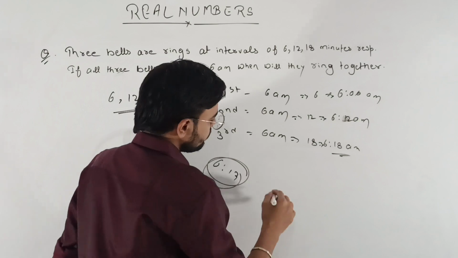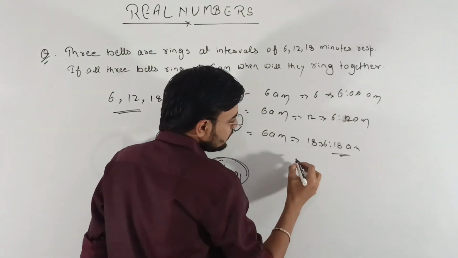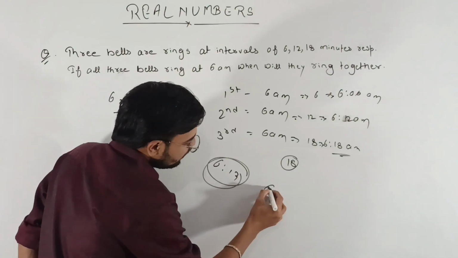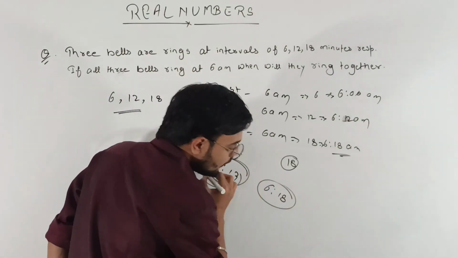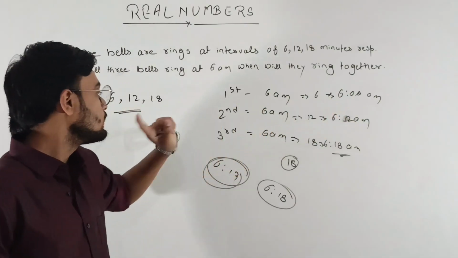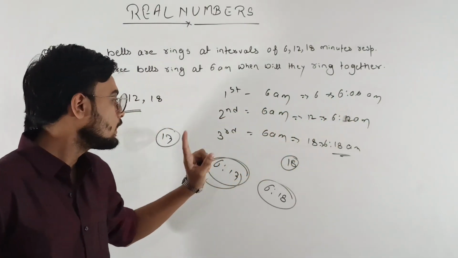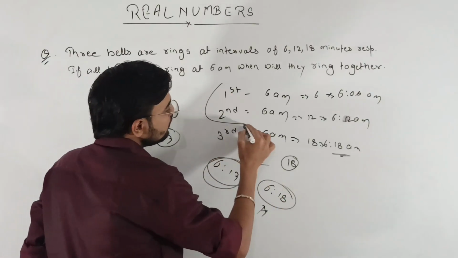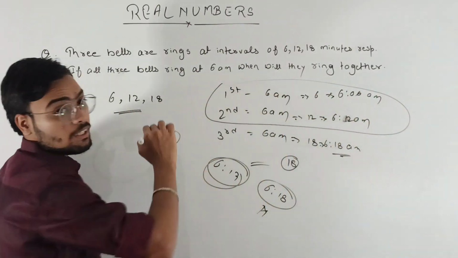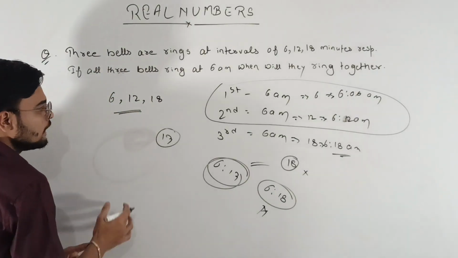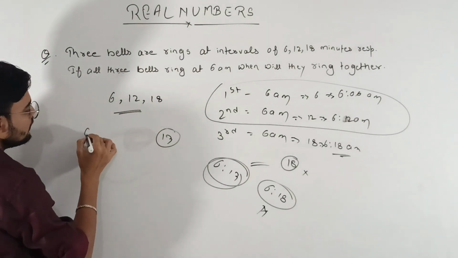Now let's suppose our answer is 18 minutes. Look, at 6:18 the first bell rings, the second bell rings at 6:12, and the third rings at 6:18. At 6:18 the third bell rings, but the other two bells don't ring. That's why this cannot be possible, which means our answer is greater than 6, 12 and 18.